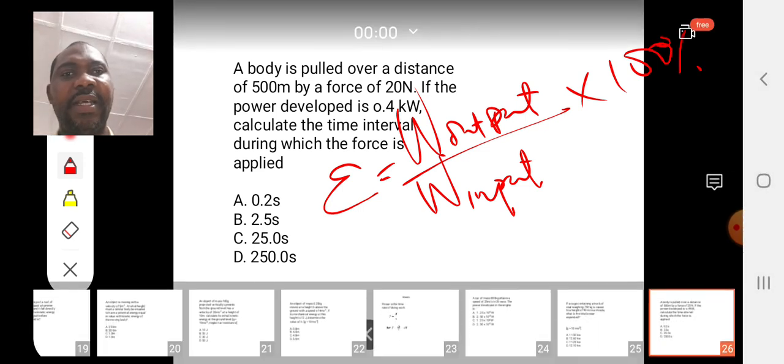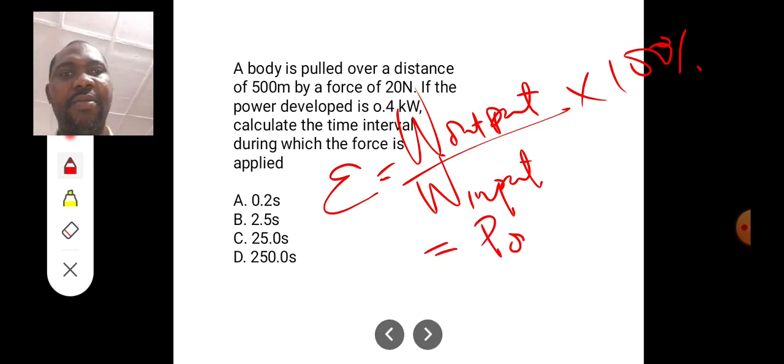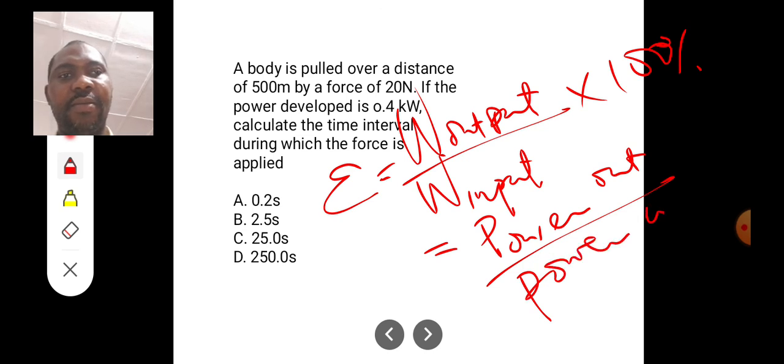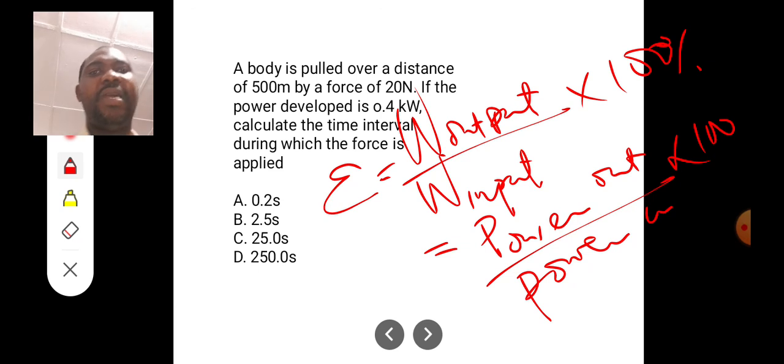Or you can say power output all over power input, multiplied by 100%.